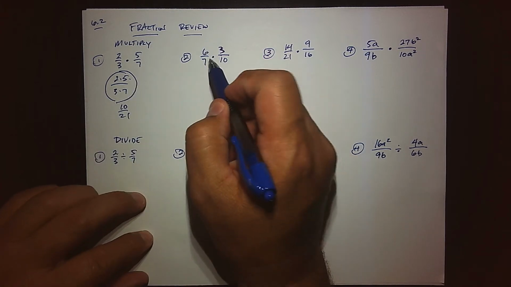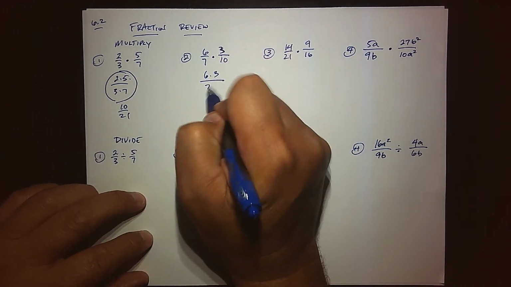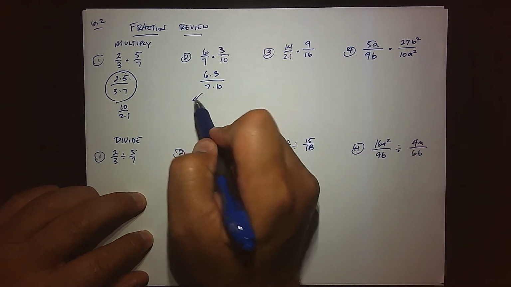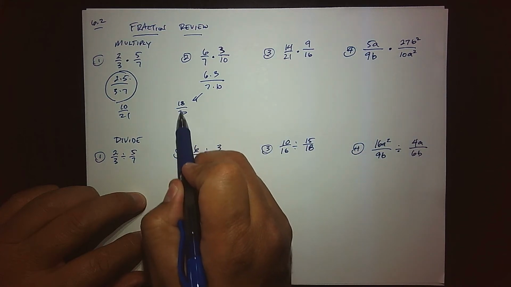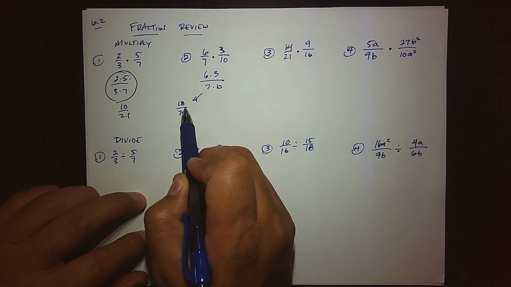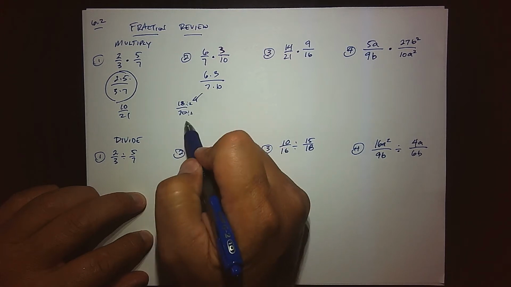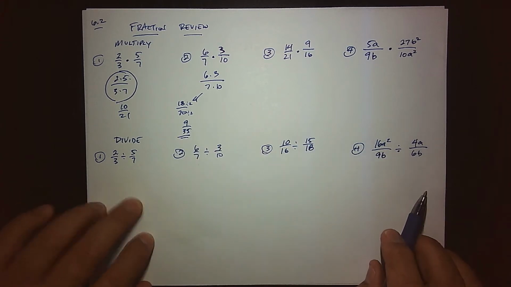So in the next one, we're multiplying, so it literally turns into 6 times 3 and 7 times 10. And if you go literally, we have 18 over 70, and then notice we have a common factor. It looks like both of these have at least a 2 in common. So if I divide the top by 2 and the bottom by 2, we end up with 9 over 35 as our final answer.